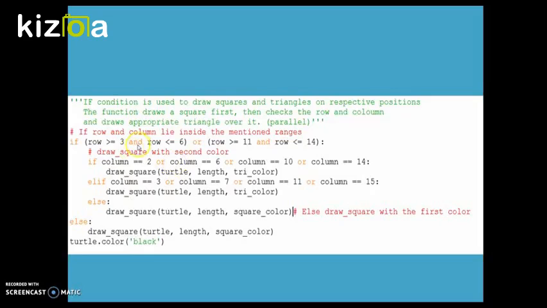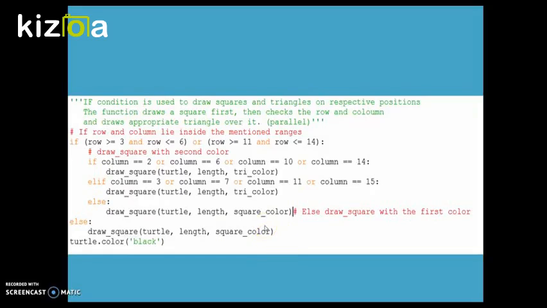Once it goes through that, it's going to go into another if statement, and it's going to check whether column is equal to 2 or 6 or 10 or 14. Once this statement is true, then it's going to draw a square, and then exit the if statement and go to the next if statement. So basically, if any of these are true, it's going to draw the appropriate triangle.